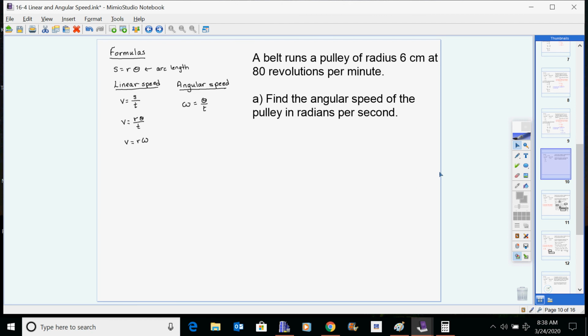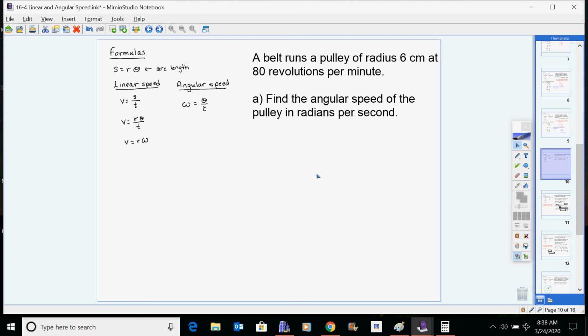So here we have a problem where you've got a belt that's running a pulley. This is more of a mechanical type of thing, so anybody who's interested in doing mechanical things, this would apply. So you've got a belt that's running around a pulley, and as it's going around this pulley, the pulley would probably be moving something else, and a whole series of things.